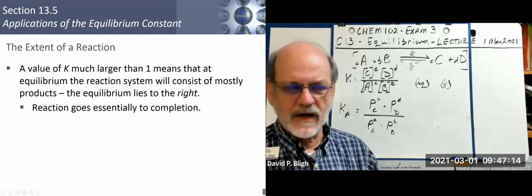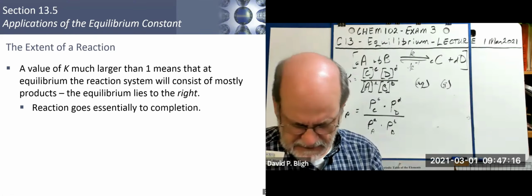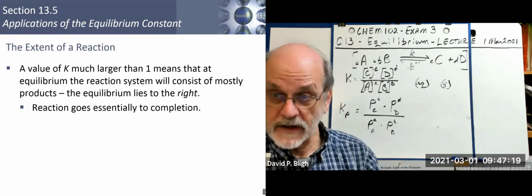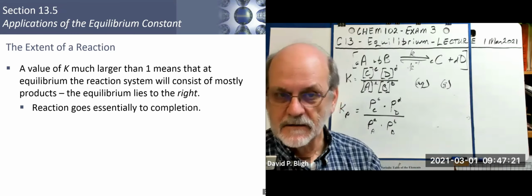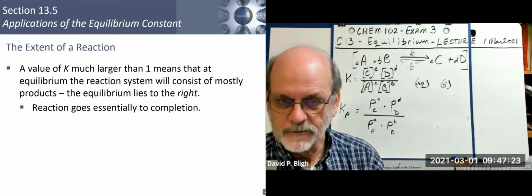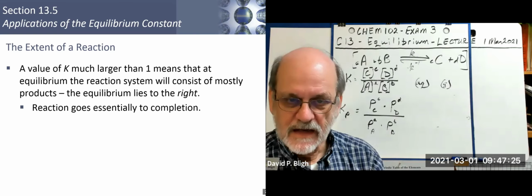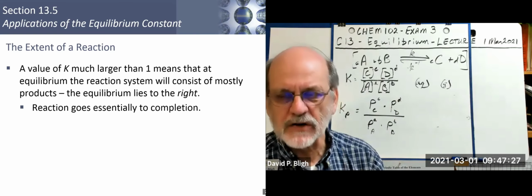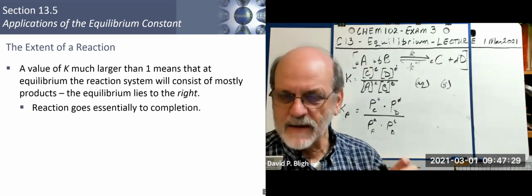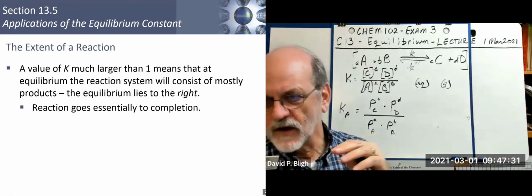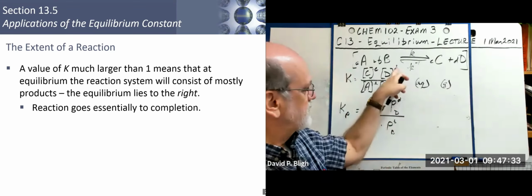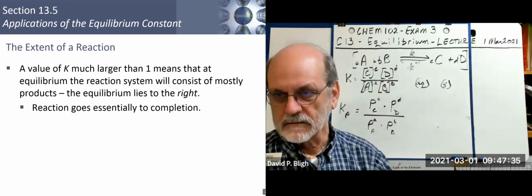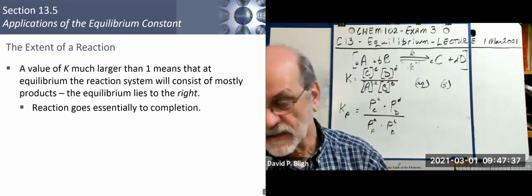Okay, something else qualitatively we can assess from the value of K for any given reaction. If the K is much, much larger than 1, and I say that because if it's close to 1, then the powers, these things, they get in the way and they sort of muddy the water.